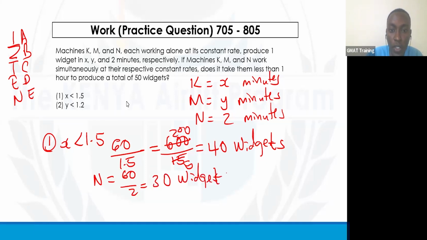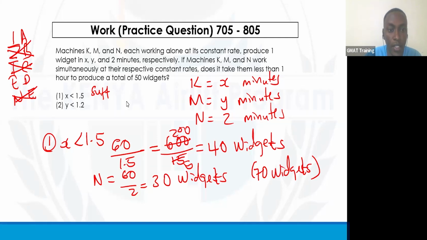So working together, even when not looking at M, K and N can produce more than 70 widgets per hour. That's 40 plus 30, 70 widgets per hour. So this is sufficient. Since it's sufficient, then we don't have to combine the statements. C and E are out, and B is also out. So B, C, and E.